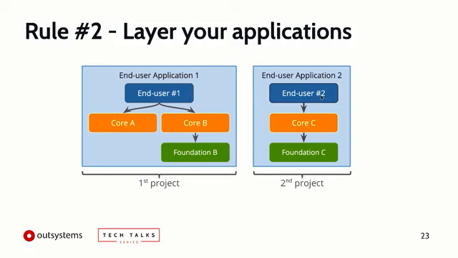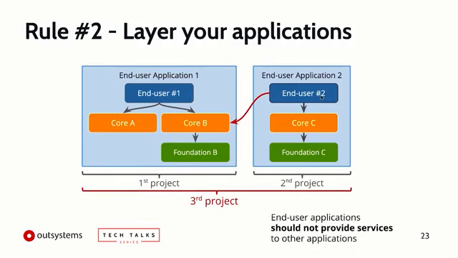Now, what happens if in a third project, or even during the second project, you decide to reuse this core functionality, which is licit? There's no issue regarding modules. This is a perfectly sound reference. It's a downward reference, but in terms of application, now you create a side reference across two end-user applications.